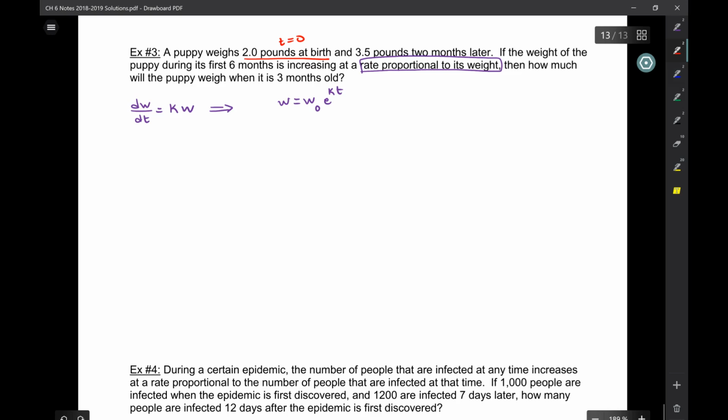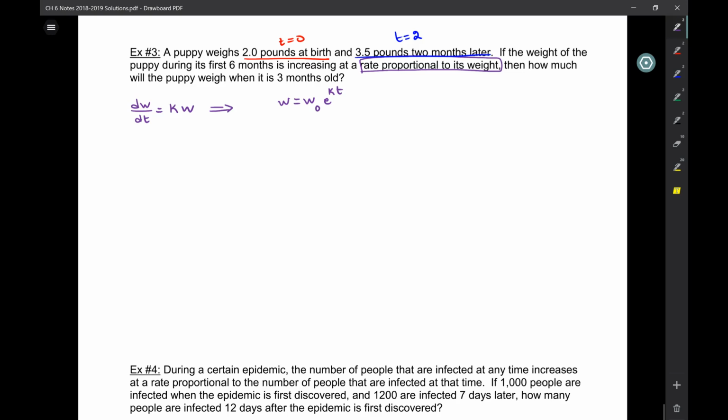And then it weighs 3.5 pounds 2 months later, at t equals 2. So let's put all this in. The unit for t can be whatever, it could be hours for bacteria, as long as the months are the same.